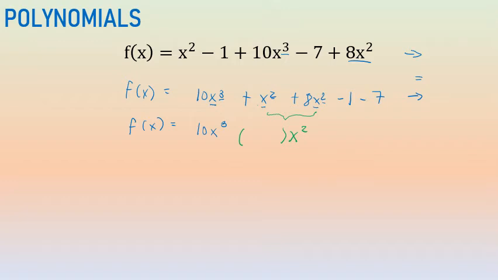Ito, ang coefficient nito or numerical value ng term na ito is positive 1. Ayan yung positive, yung plus. Positive 1. Then itong third term natin, itong 8x squared, ang value naman ng term na ito is positive 8. Ito po yung value, yung numerical coefficient, yung number before the base.